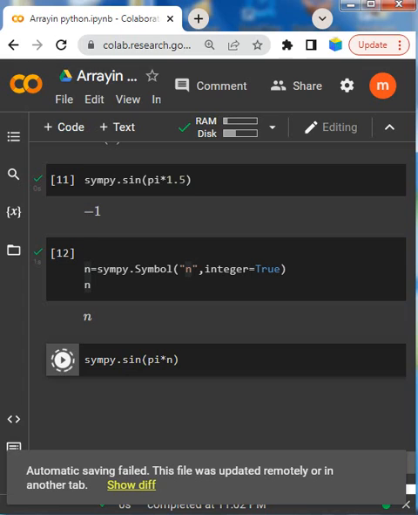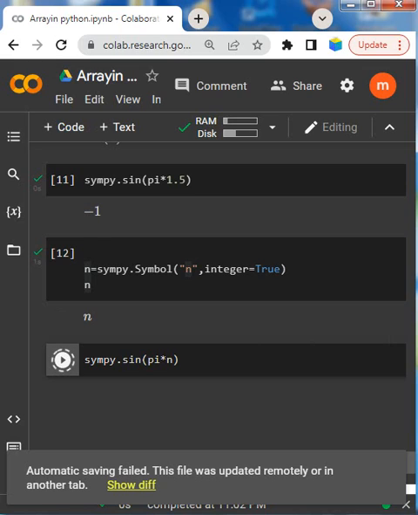Okay, so it has been created like this, which means sympy.sin and pi have been created this way. So I hope this will be clear. You can easily get a value whenever it is multiplied with pi through the n.